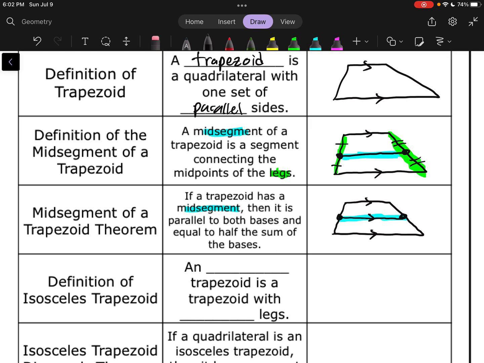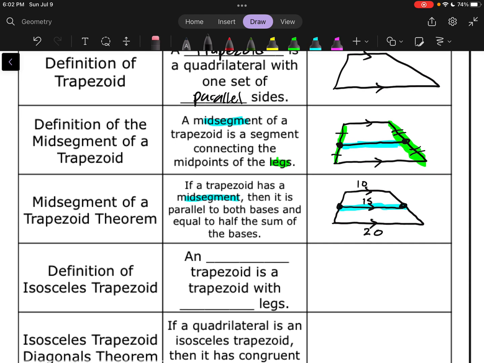So all three are parallel. And it's equal to half the sum of the bases. So like, let's say this is 10 and this is 20. Then 10 plus 20 is 30. Half of that is 15. So it's the average of the bases. Okay, and that's going to come in when we get some of those algebraic ones.